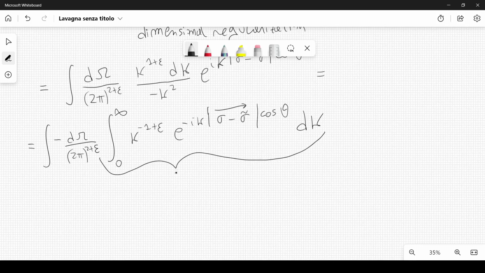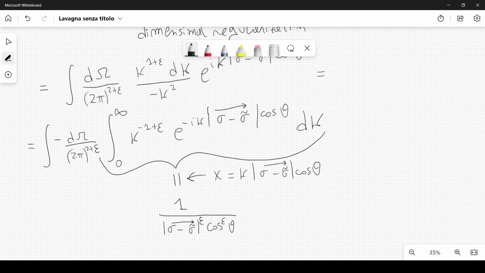Now we can rewrite this integral here. In particular, we will make a substitution, so we will set x equal to k mod sigma minus sigma tilde cosine of theta. And if we make that substitution, the integral can be written as 1 over mod of sigma minus sigma tilde to the epsilon. Then we have cosine to the epsilon of theta. This is raised to the epsilon.